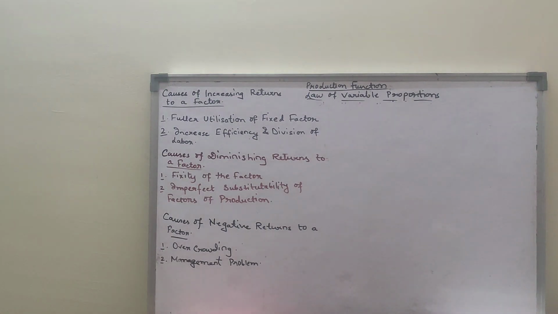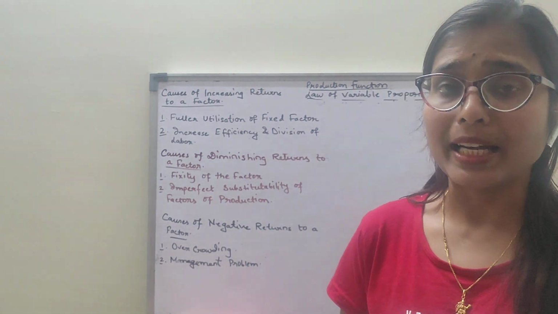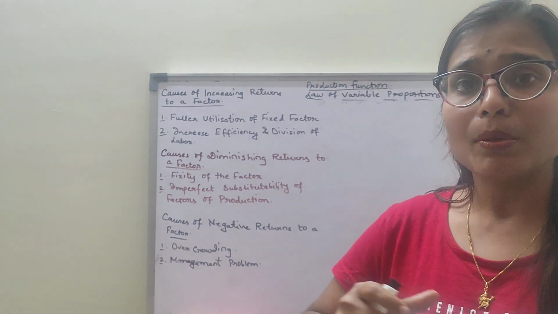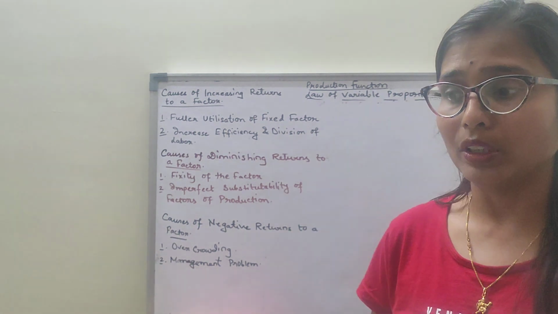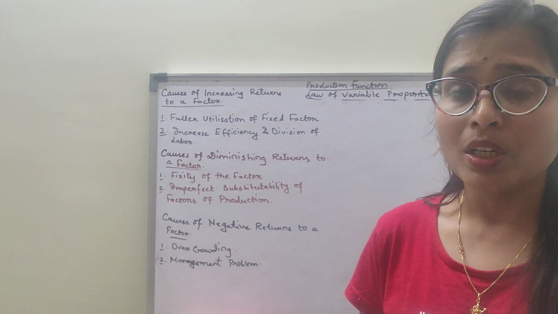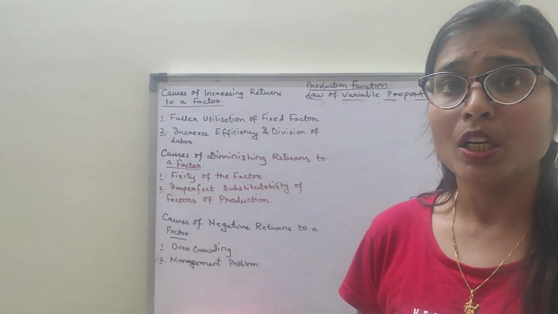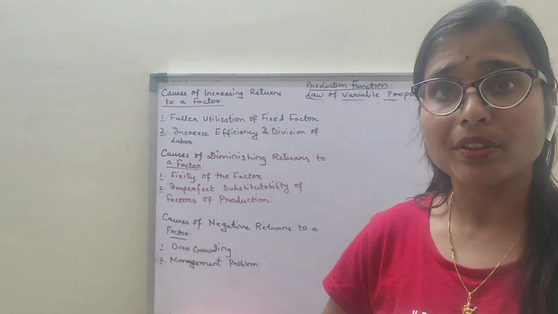Clear? Now, imperfect substitutability of factors of production means factors of production are imperfect substitutes for each other. If you keep on adding more and more labor on the fixed factor, they will not be perfect substitutes. You have to increase the fixed factor also.